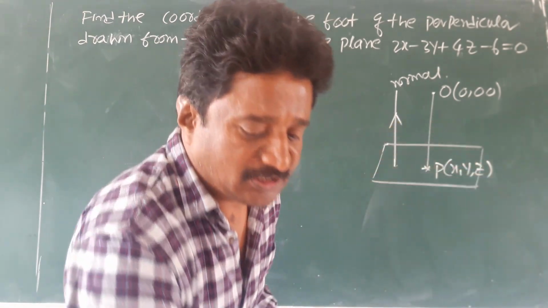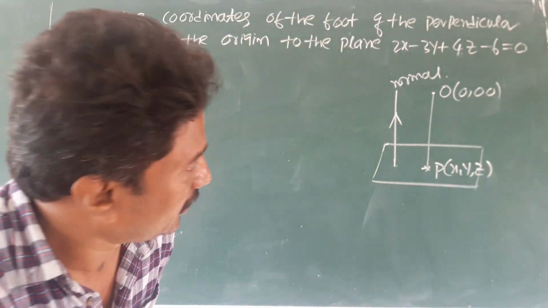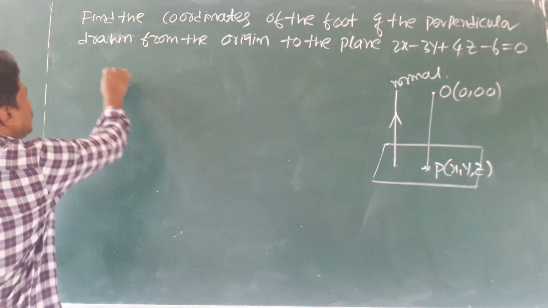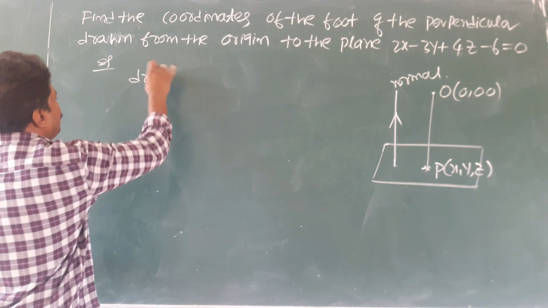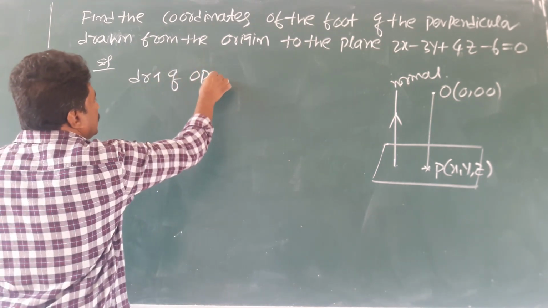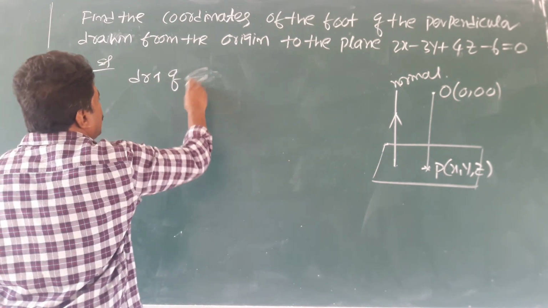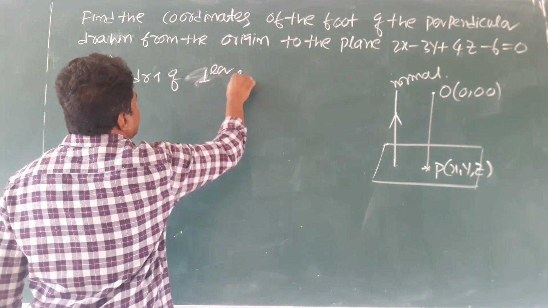So look at this, friends. Now I write the DRs of OP. Solution: DRs of OP are the DRs of the perpendicular line.